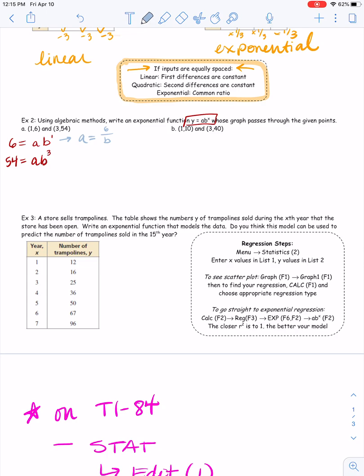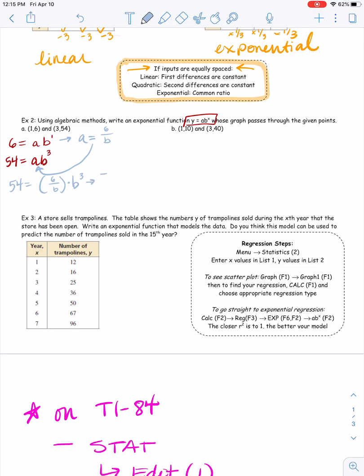Well, now that I know what a is equal to, I can take that value and substitute it in here, which would then give me 54 equals 6 divided by b times b to the third power. Well, applying our exponent rules, I know that that would really be 6b cubed divided by b. b cubed divided by b is just going to be b squared.